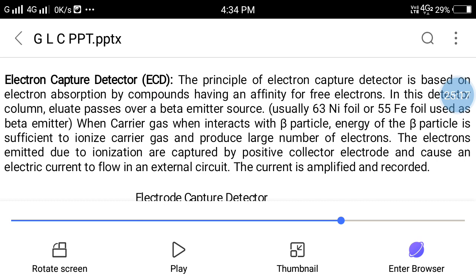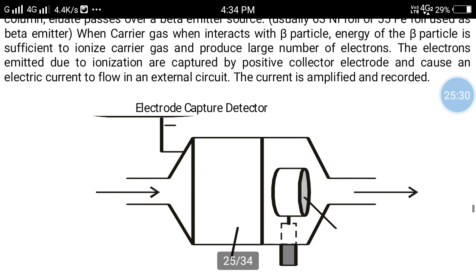The electrons emitted due to ionization are captured by a positive collector electrode and cause an electric current to flow in an external circuit. The current is amplified and recorded.